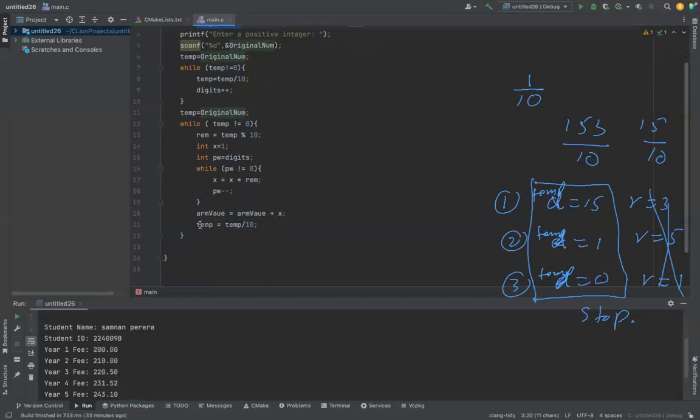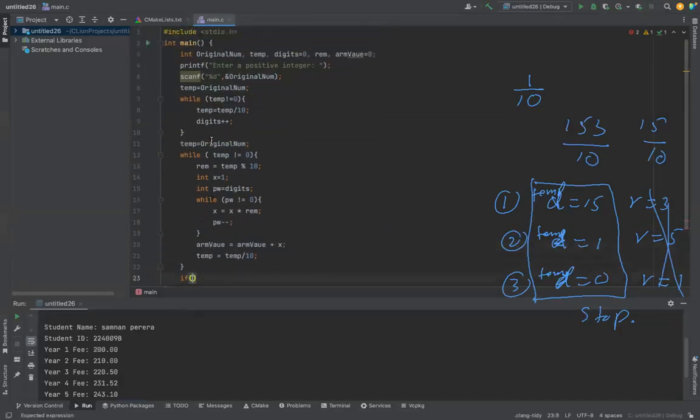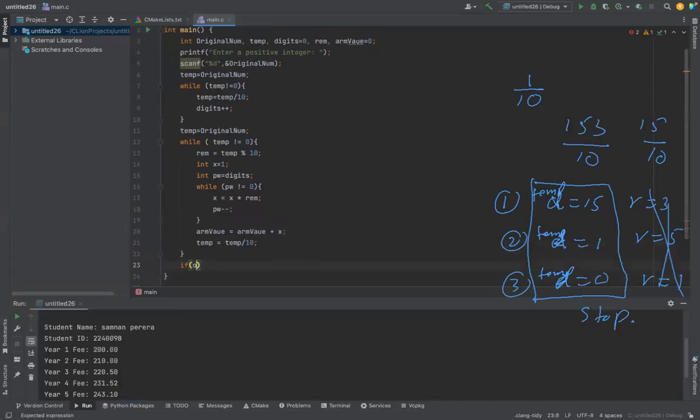So once this while loop completes, here we can type if, what is the original number? This one. If the original number is equal to the Armstrong value, arm value.